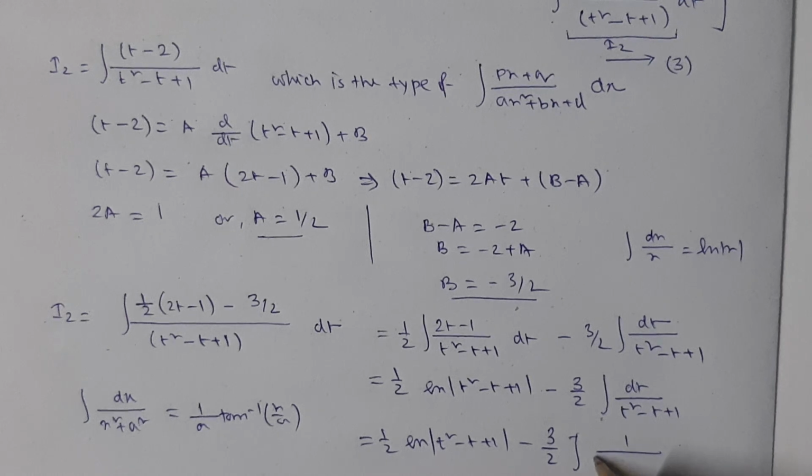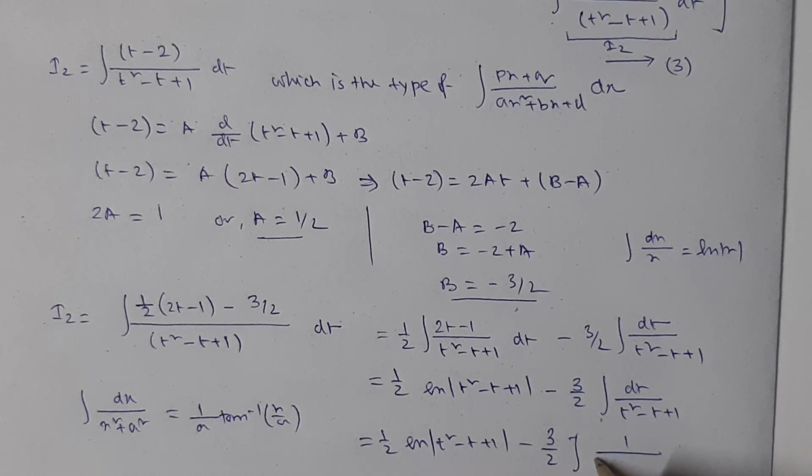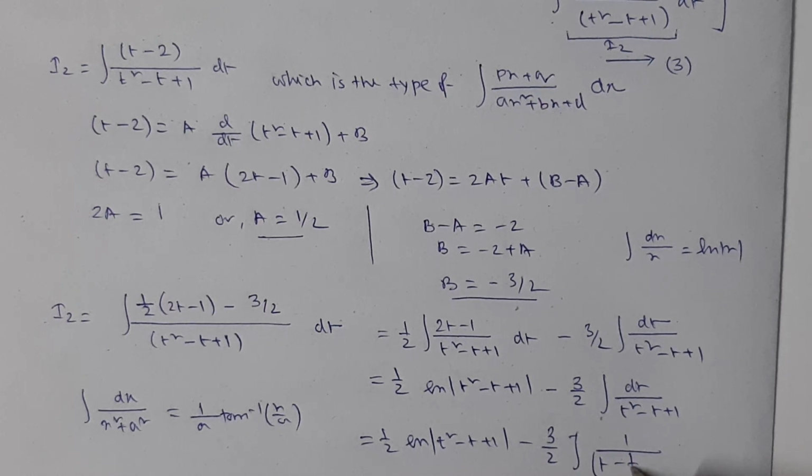One by (t minus half) whole square plus 3 by 4.